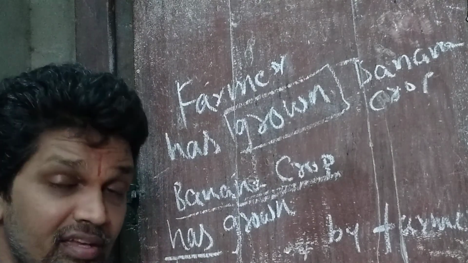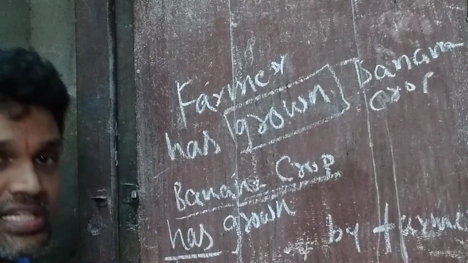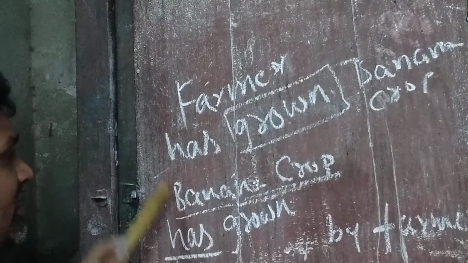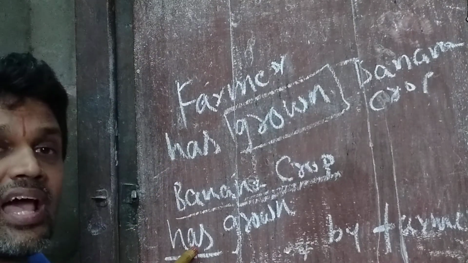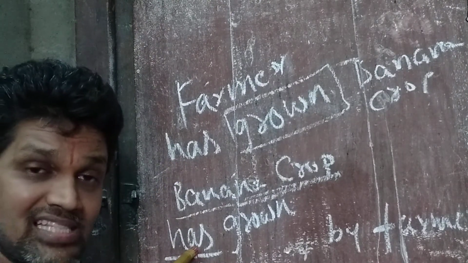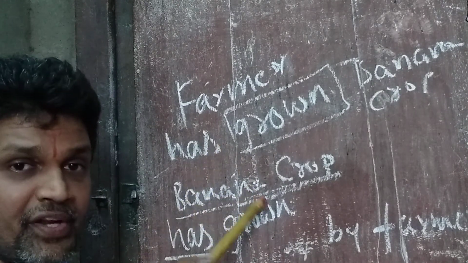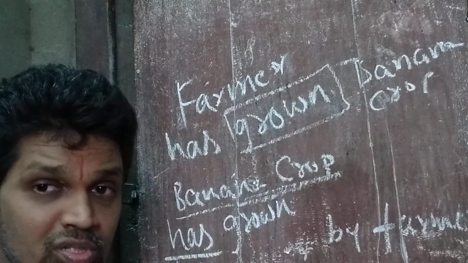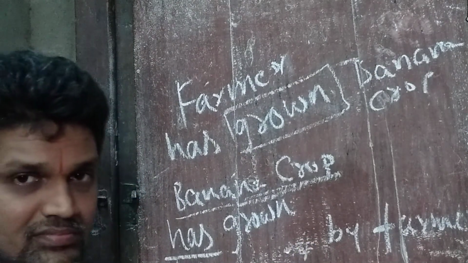That is the way we should change has and have, but not simply by copying the question itself. See this example here: has is given in the sentence, and here also we got has. Why did we get has here? Because the subject is in singular form. So keep it in your mind, apply the rules and try to come to the correct answer.